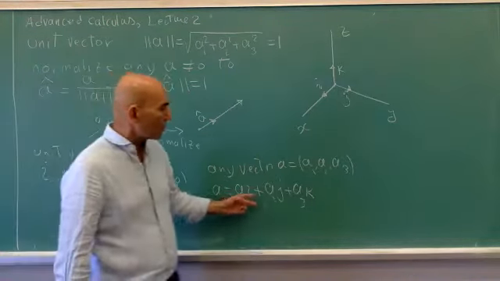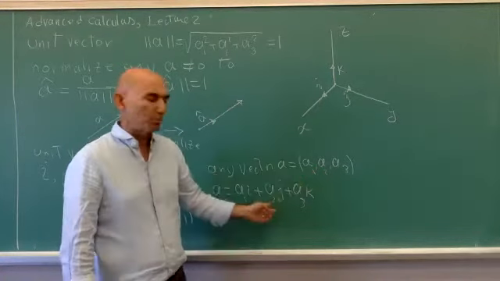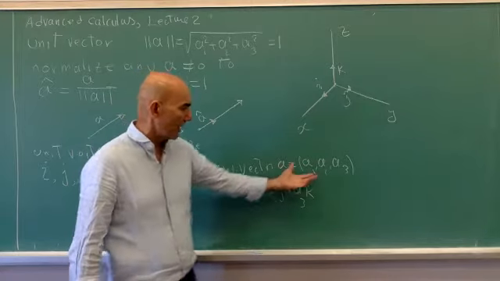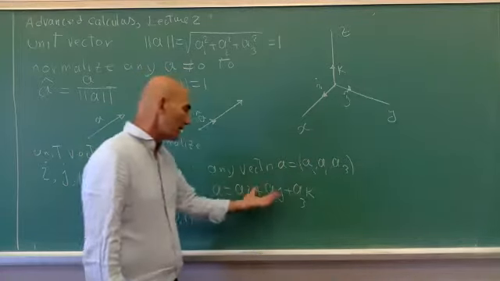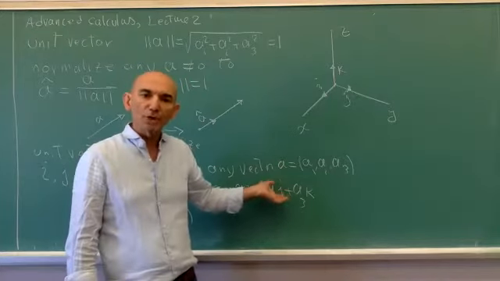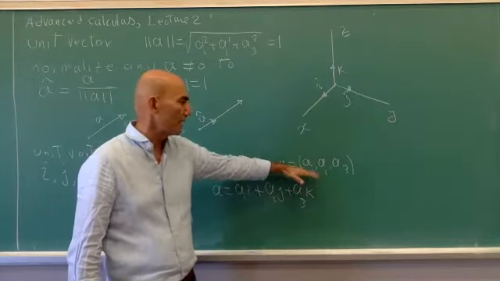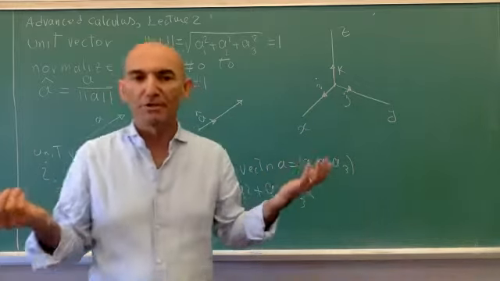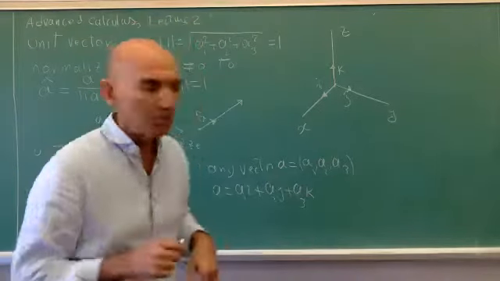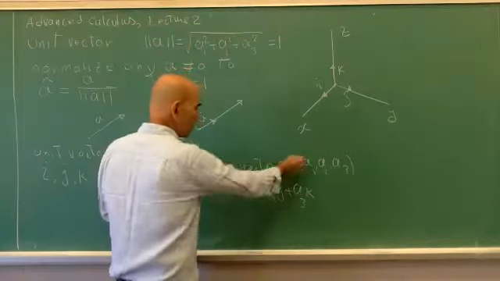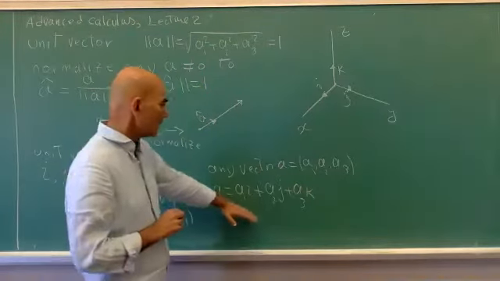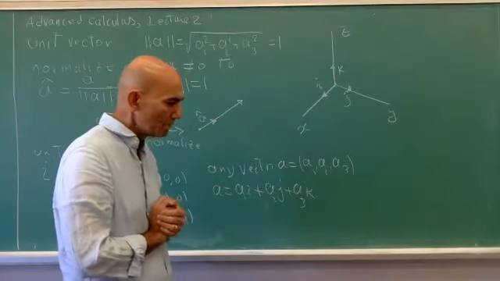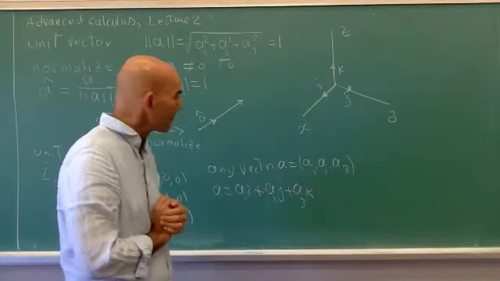This looks a bit more complicated, so you may wonder what's the point of introducing this rather cumbersome notation instead of working with coordinates. Well, sometimes this is better to use than that one. Each of them has its own point. It's good to have two different notations, sometimes two different languages. You can communicate things better in one language compared to the other. We just have to get used to these unit vectors.